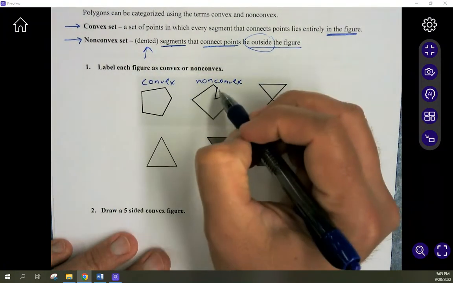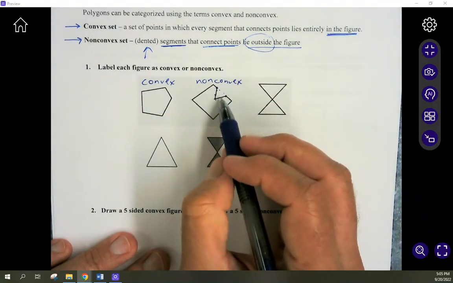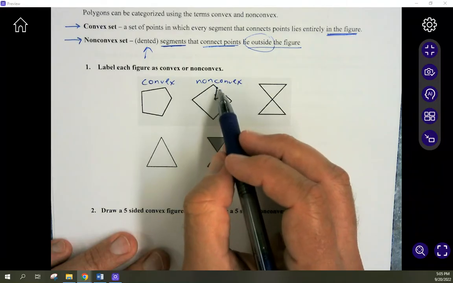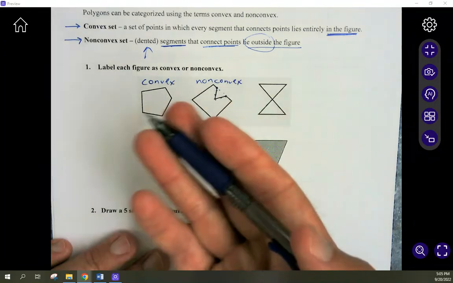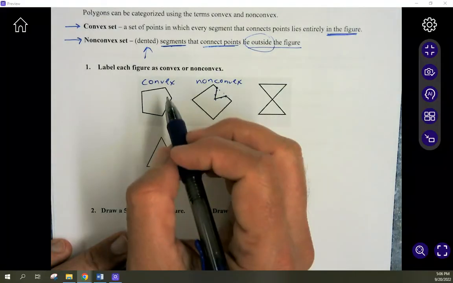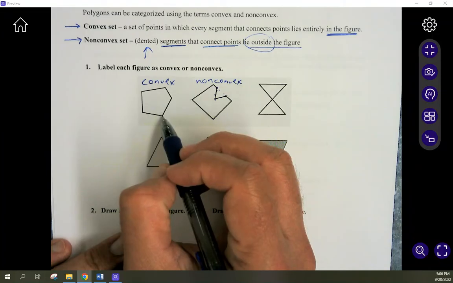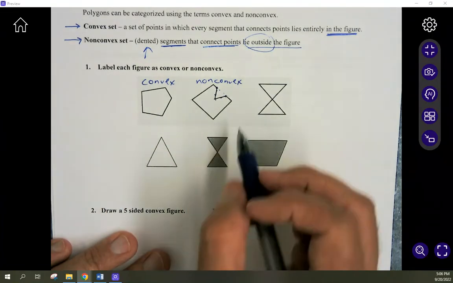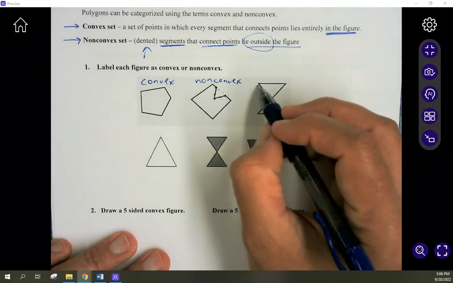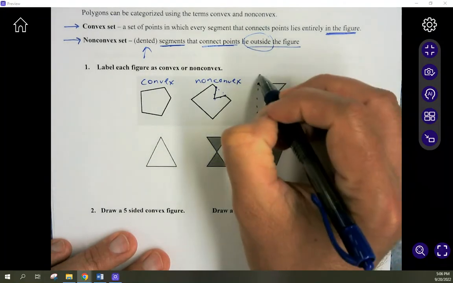And so let's go back to the definition there for a second. We said dented, and this is what we're talking about. There's some kind of what we would consider to be a dent in the outside of the shape that creates this opportunity for points to be connected and not be inside the shape. So if you notice, all of these angles kind of go out on a convex shape, and then all of a sudden we get this dent coming in, non-convex. If you look at this one very clearly, this point and this point, you connect them, you're outside the shape.